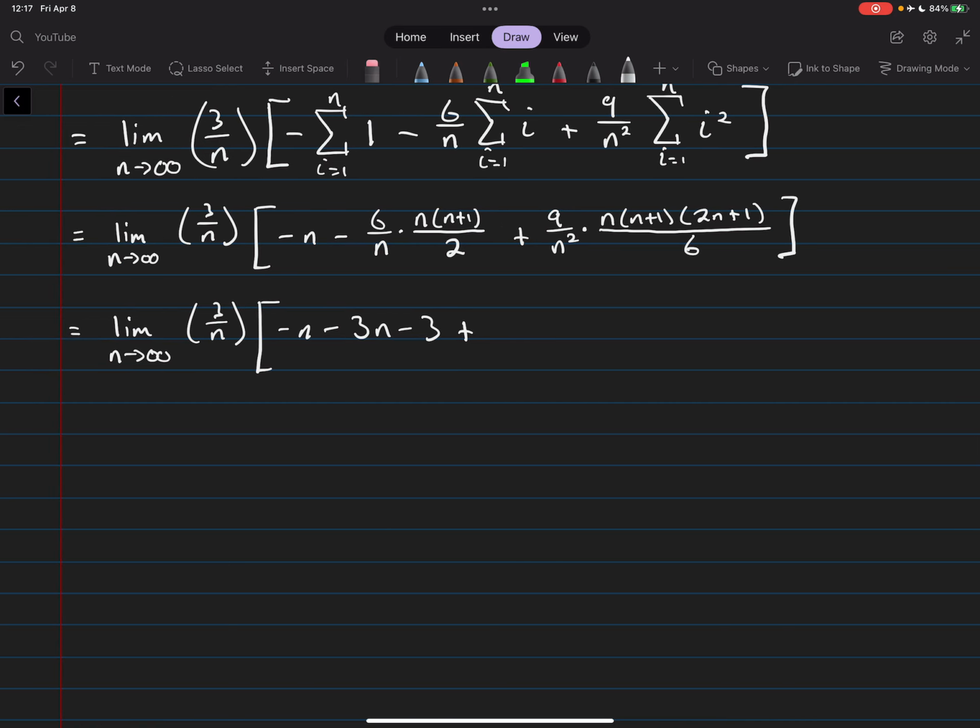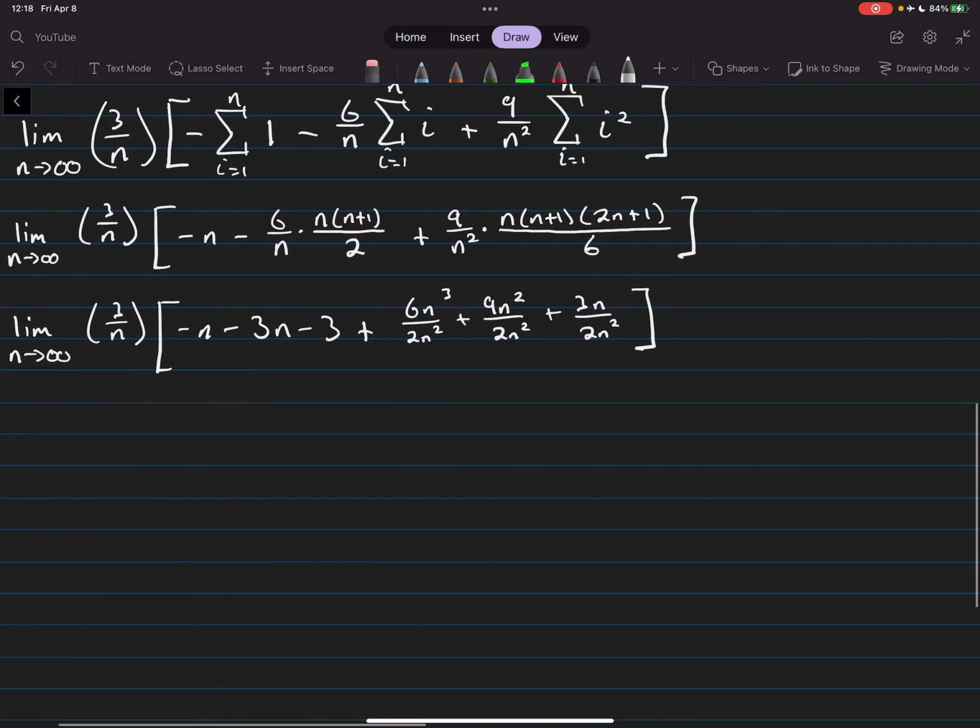So then we have minus 3 plus 6n cubed over 2n squared plus 9n squared over 2n squared plus 3n over 2n squared. Now, you may notice that the denominator is all 2n squared.